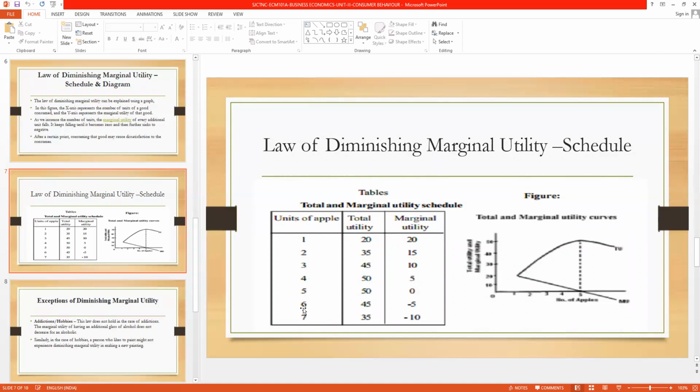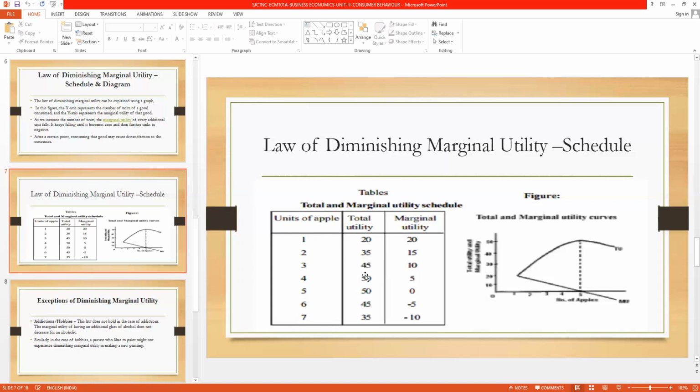So all we are adding is only 1, 1, 1. The total utility when he consumes the first apple is 20. Then when he consumes the second apple, the total utility is 35.